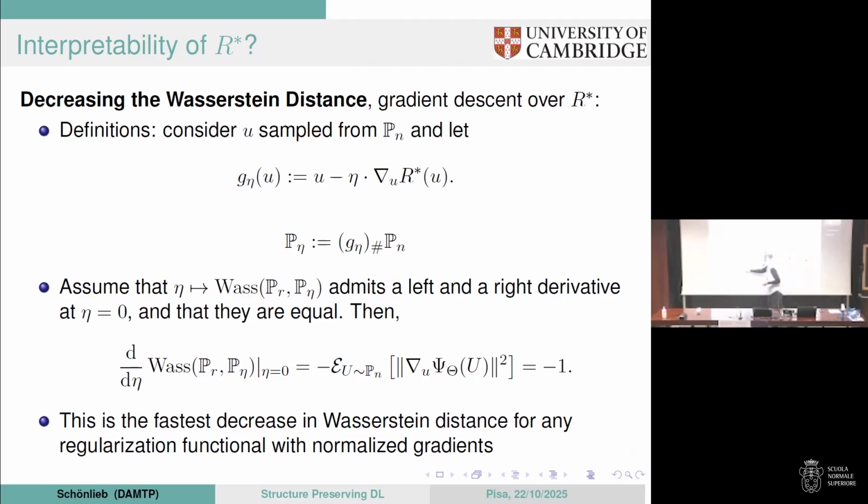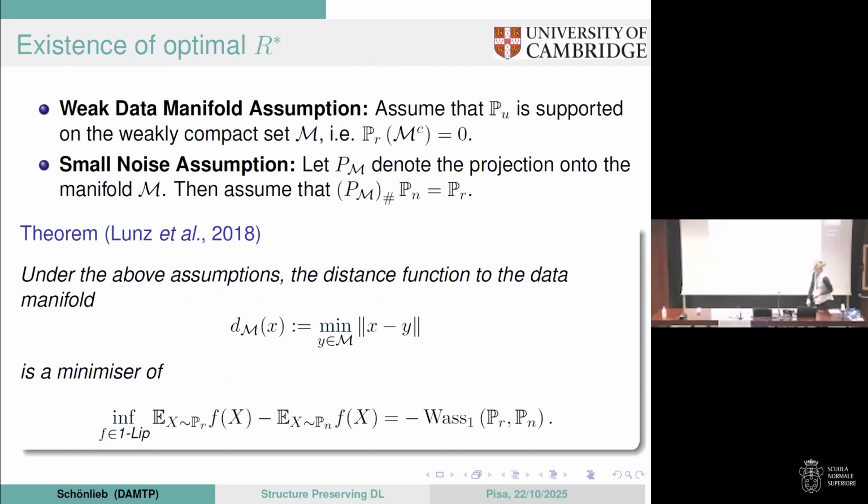Then you can prove that when you do this one step, you actually get closer in Wasserstein distance to your distribution of real images. Again, this is not very difficult to show, but it was just nice to see this.